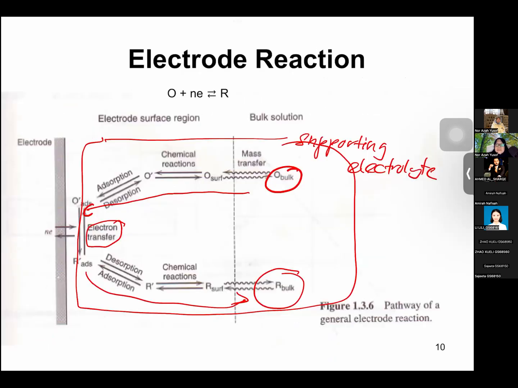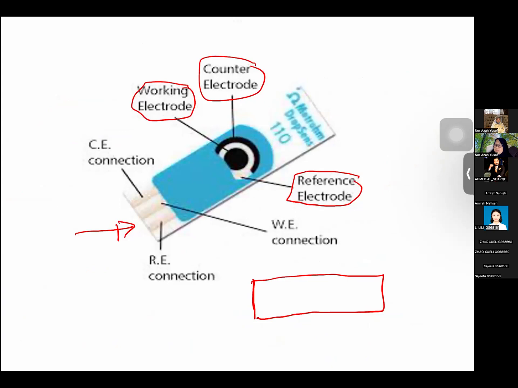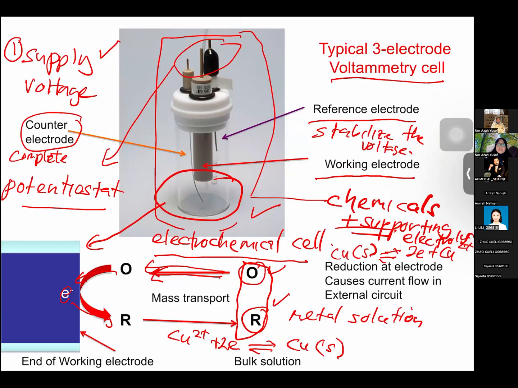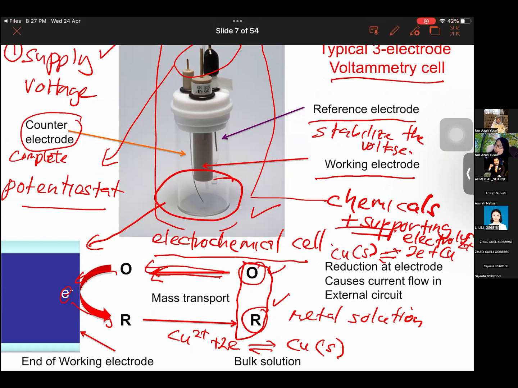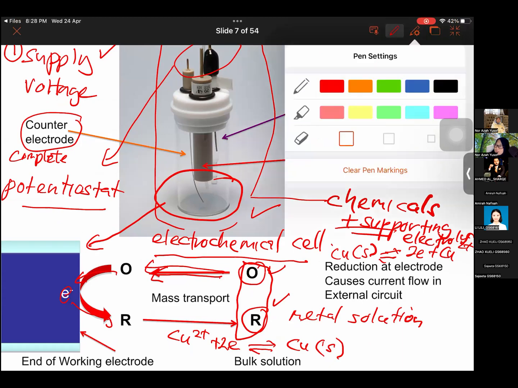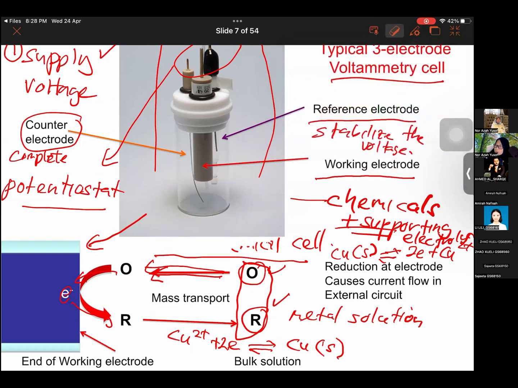It seems that if you look at the vials or the cell, it is very small. And we usually expect the oxidant and the reductant will easily move towards the electrode, right? We expect they can just run to the surface of the electrode.